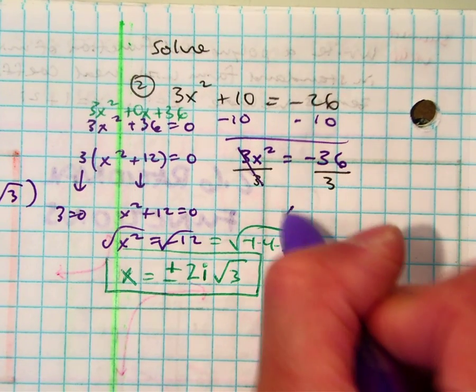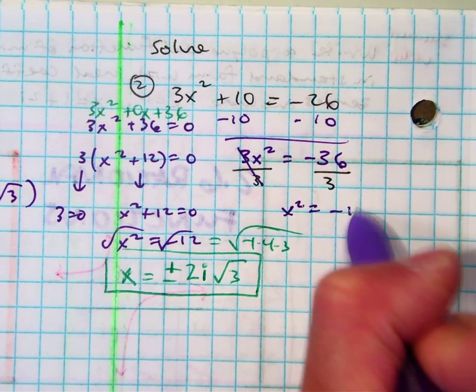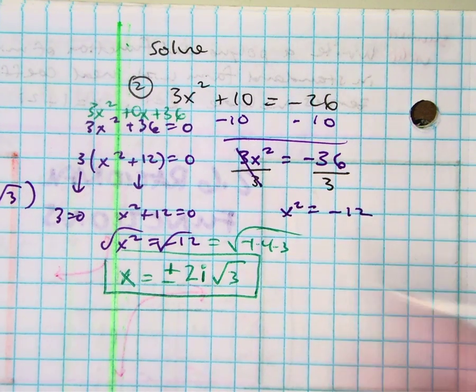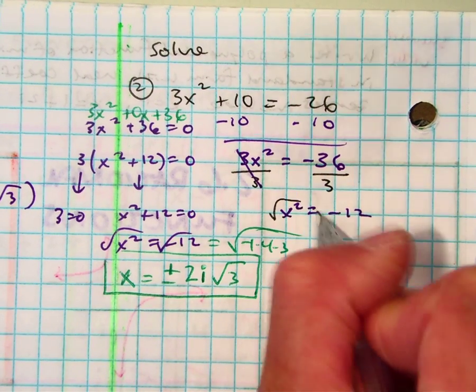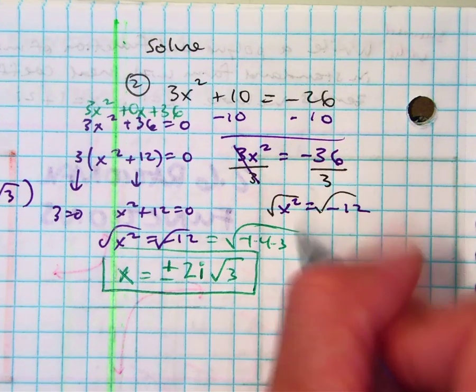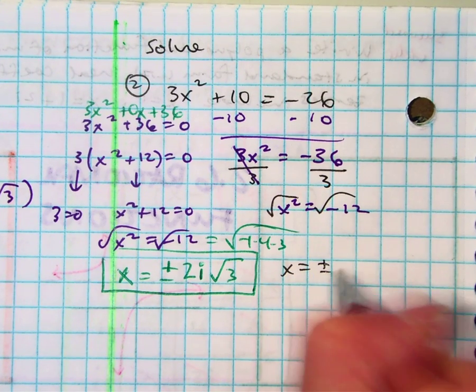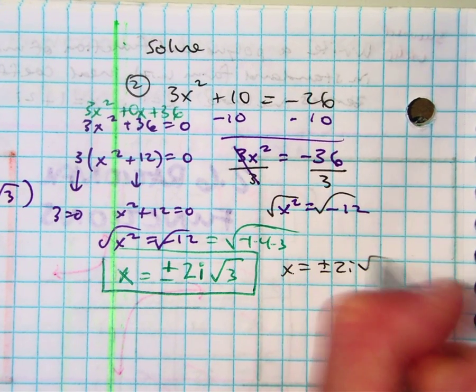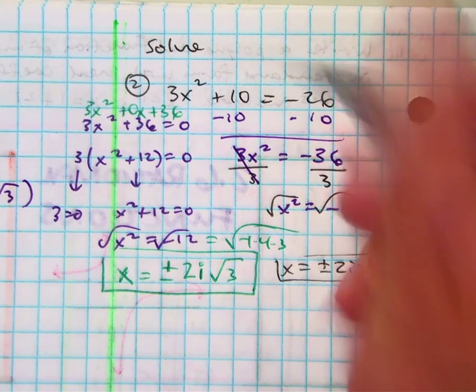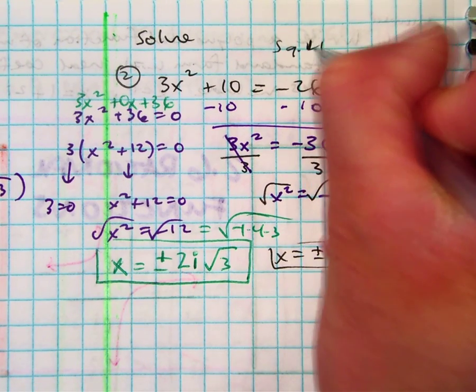I'm left with x squared equals negative 12. And if I take the square root of both sides, then you'll get the same answer as before. x equals plus or minus 2i radical 3. So this method is the square root method.